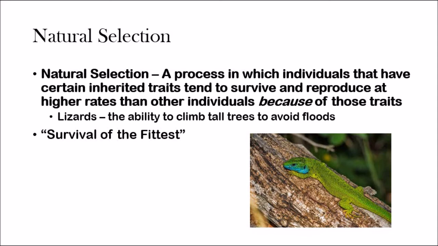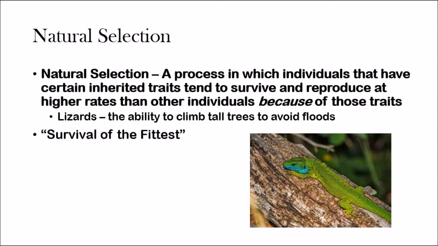So eventually, with time, natural selection will occur, meaning that the lizards which are able to climb tall trees to avoid floods will not be killed by these floods, and the other 750 which don't have that adaptation are going to be killed.